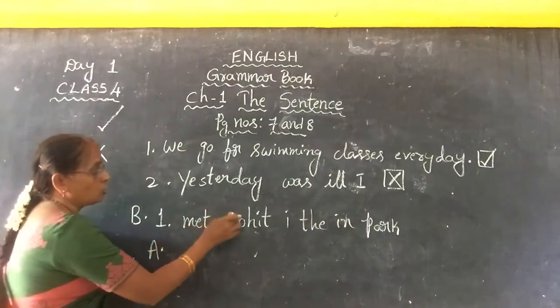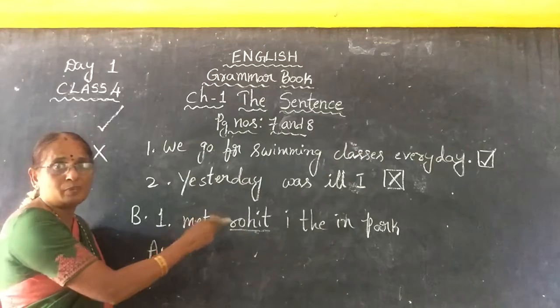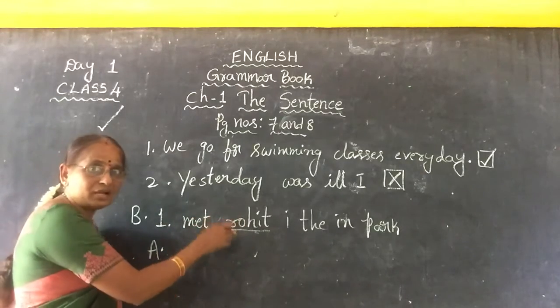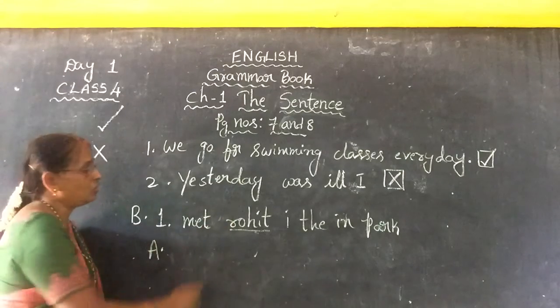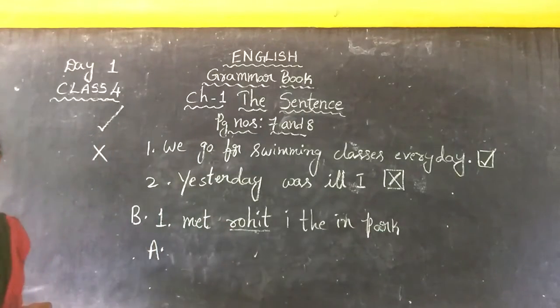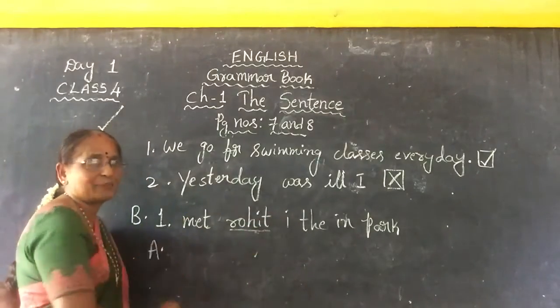See, met Rohit. Rohit is the name of a boy, children. So, proper noun. He is a boy, but the boy's name was given in the sentence. So what is the name of the boy? Rohit. So R is a capital letter. Okay. Now see. And I is a capital letter. See.